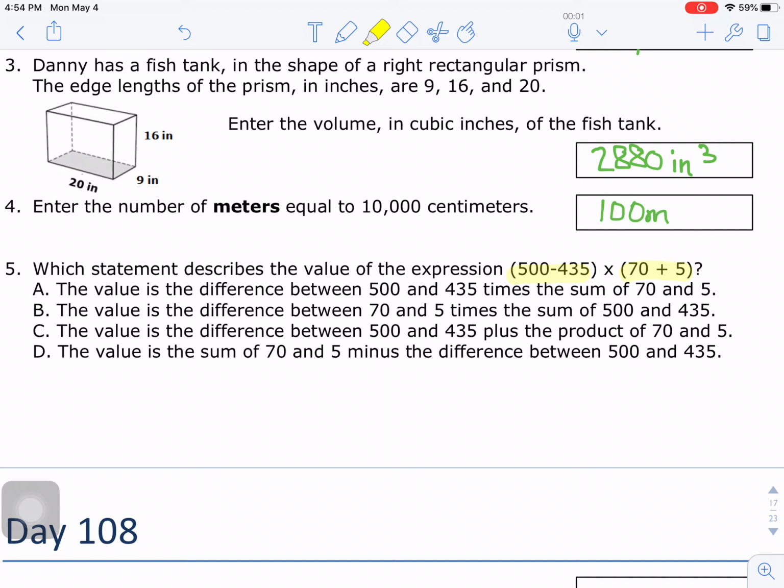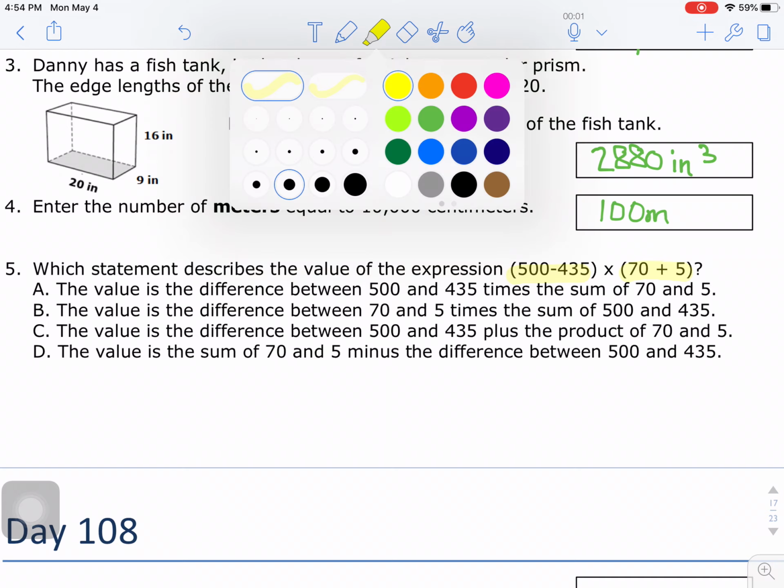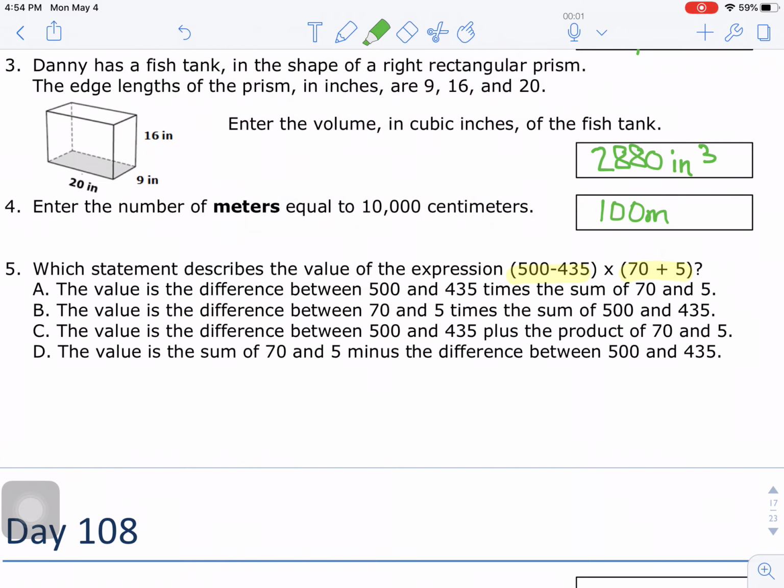So if I was solving it, I would find the difference between 500 and 435. Then I would find the sum of 70 plus 5, and then I would multiply to find the product of those two quantities.